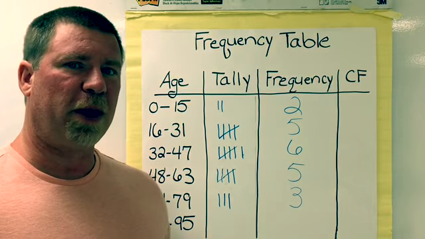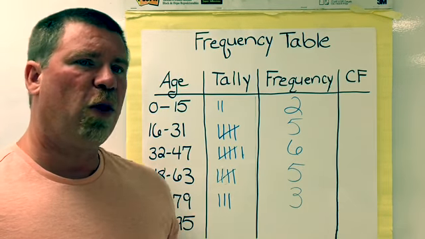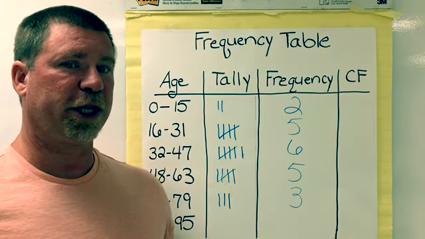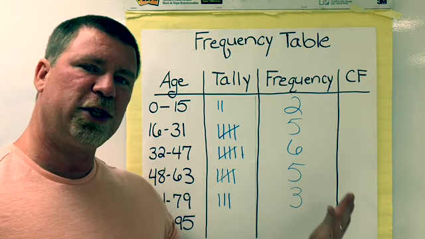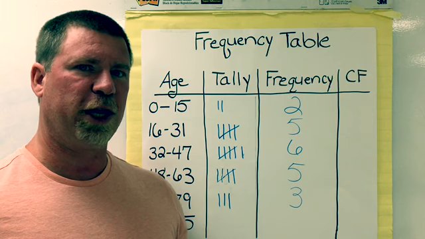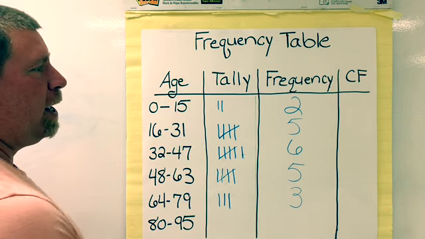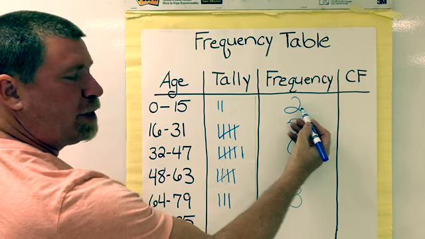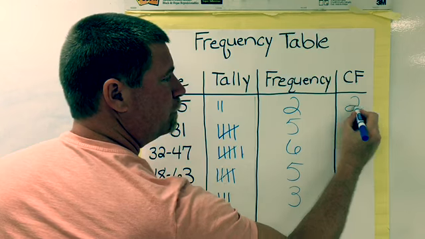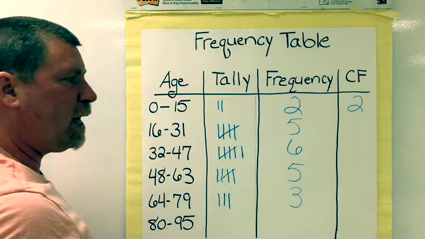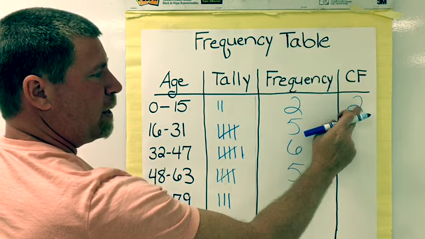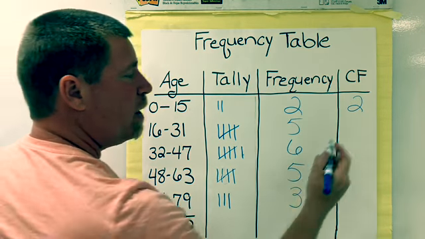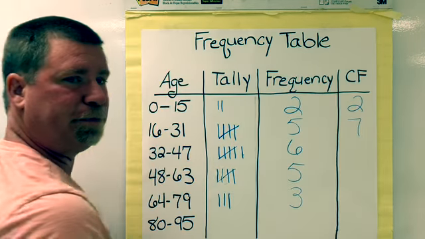So before I mentioned the cumulative frequency. Well, I'm not really going to focus on that in this particular lesson, but I'll go ahead and show you what it is. It's that running total of how many times something occurred as we go. So our cumulative frequency here for this first age group is 2. How many times did I have for the next group? 5. So I'm going to take my 2 and add it to my 5, which will give me a total of 7.